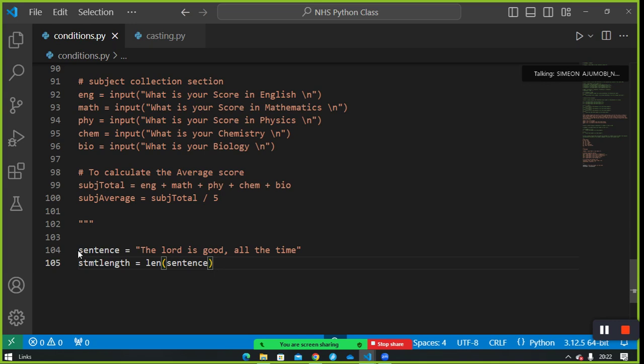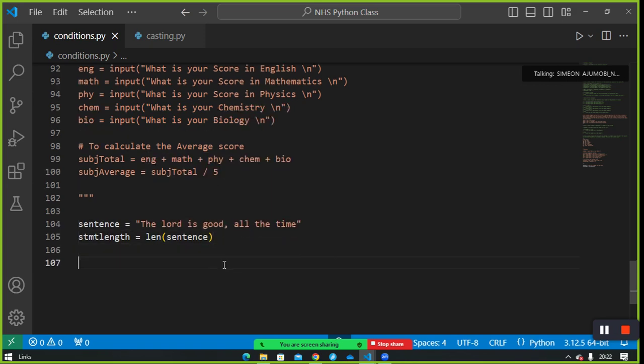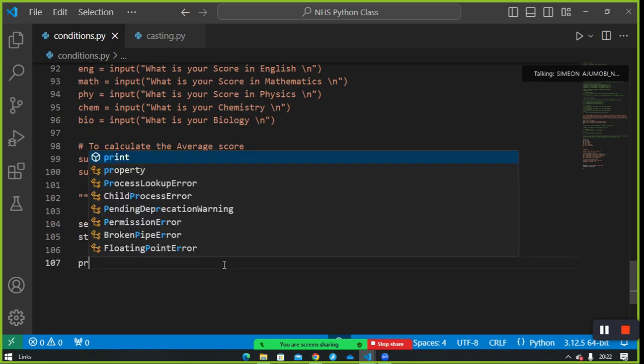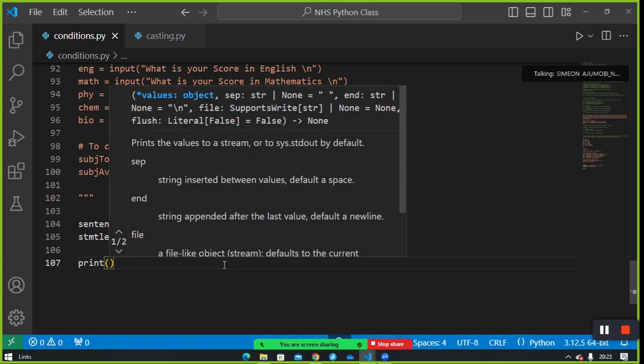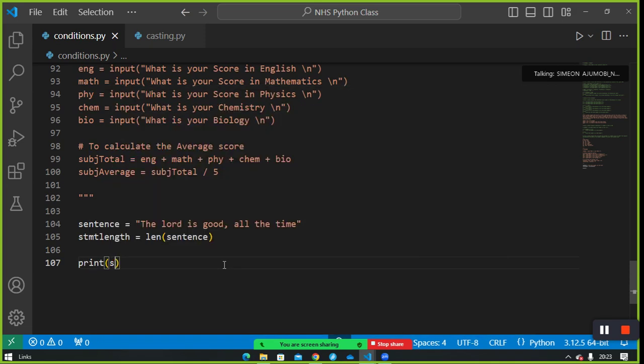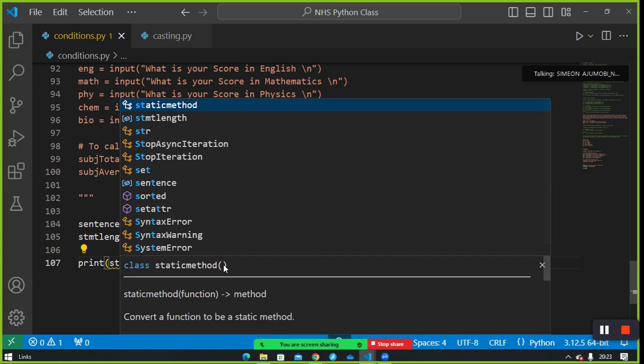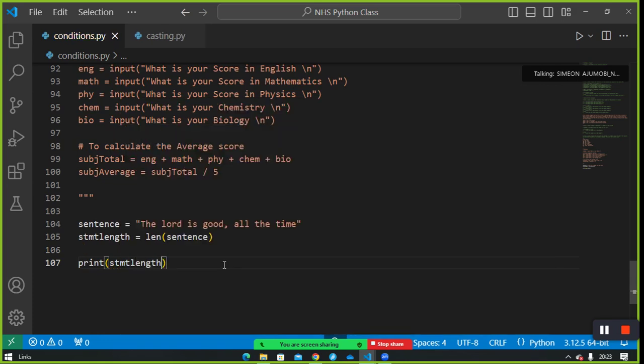When somebody enters a variable and says the Lord is good all the time, we don't know the number of words or the length, but when you come to statement length and say length of sentence and print statement length, Python tells you how many are there in that.